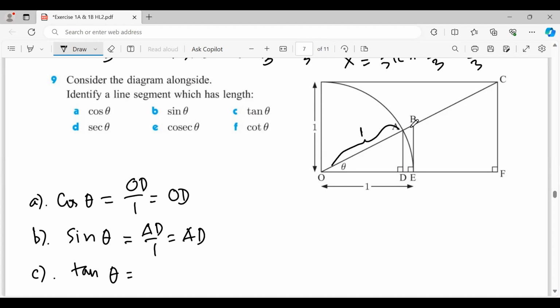Tangent theta is BE over OE equals BE. OE equals 1, so it is BE.